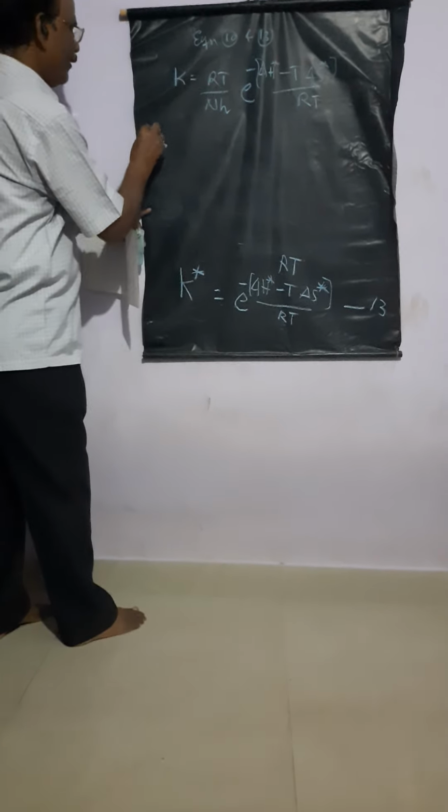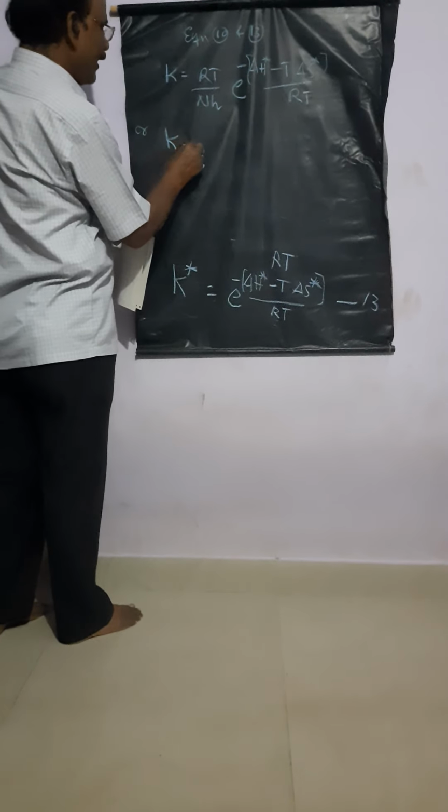Or you can also write K star as the rate constant of this reaction.